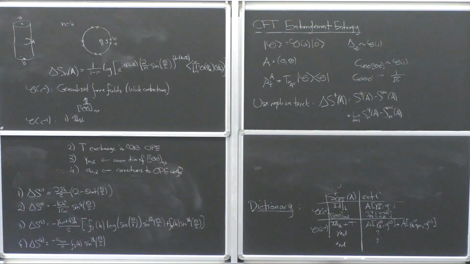Otherwise, if you are approximating something single-valued with a multi-valued object, you have to specify how to get rid of this multi-valuedness. That's fixed by working at small theta, I think. But okay, I guess we can discuss it later.